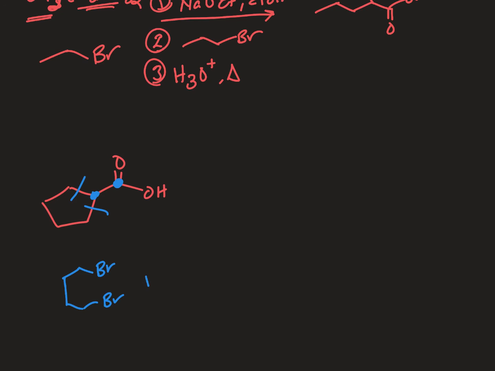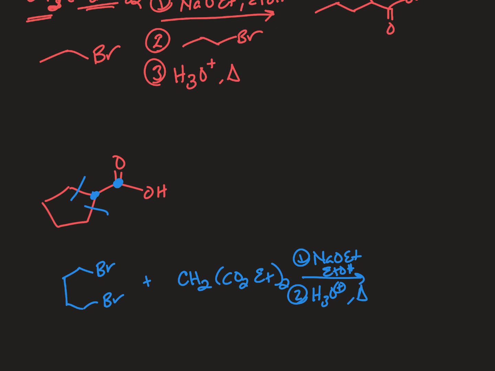I will react it with the malonic ester, sodium methoxide and ethanol, followed with the acidic workup and heat. I don't need to add in the second alkyl halide because it's already present from the original. So that reaction and conditions will give me the cyclic product.